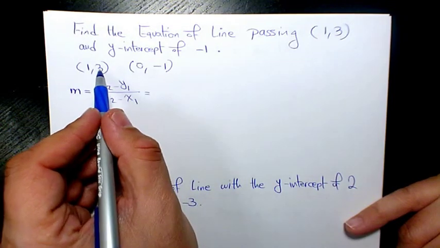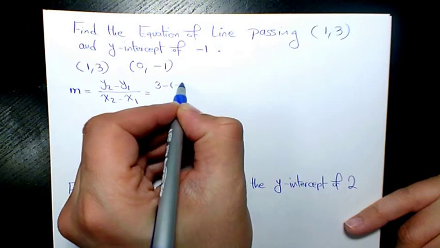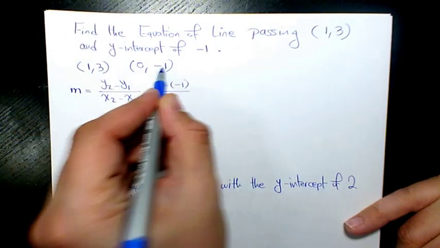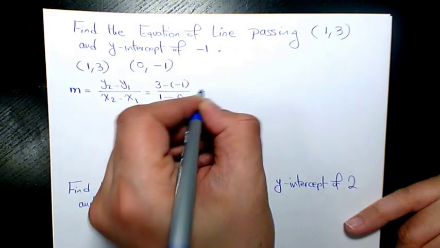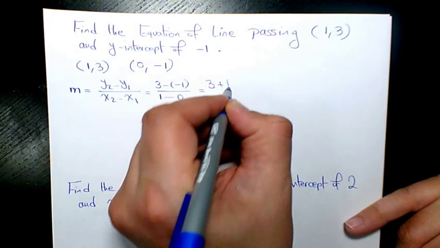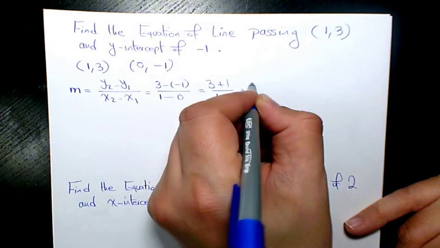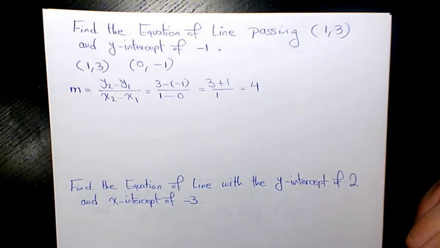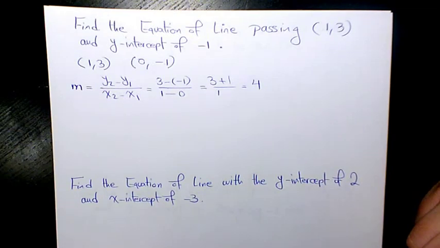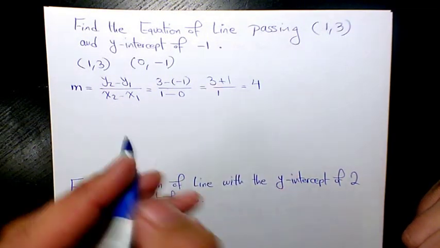So it's going to be 3 minus negative 1, the difference of y's, divided by difference of x's, which is 1 minus 0. That's going to be 3 plus 1 divided by 1, which is going to be 4 divided by 1, or 4. So the slope or rate of change or rise over run or gradient is going to be 4.